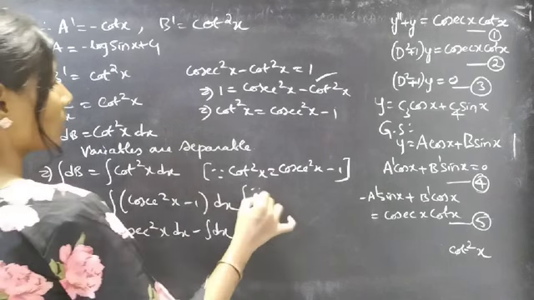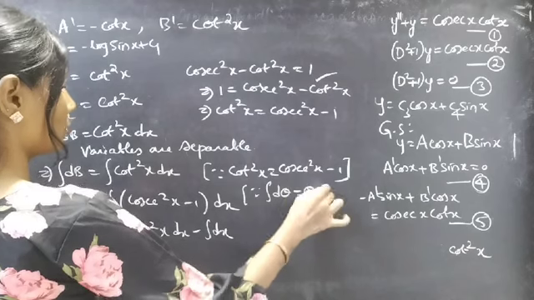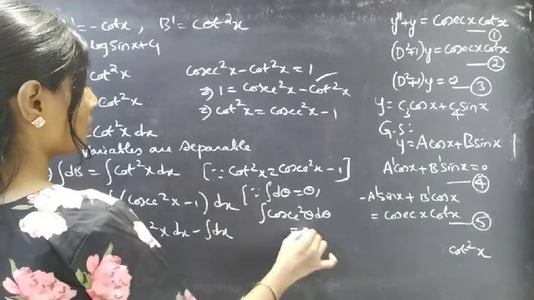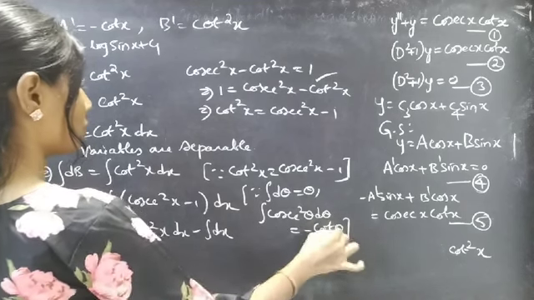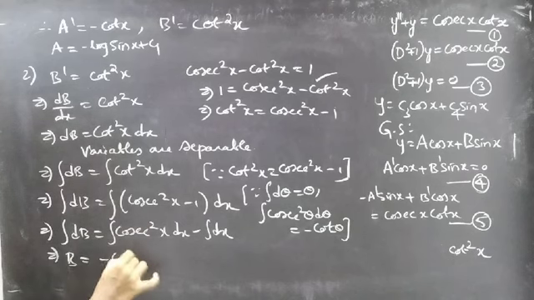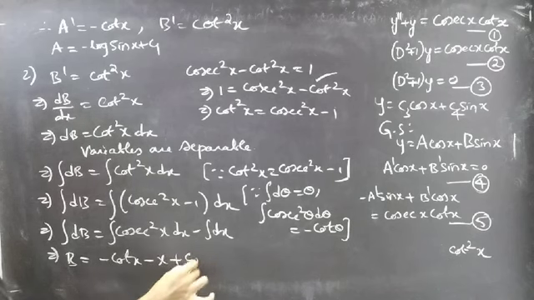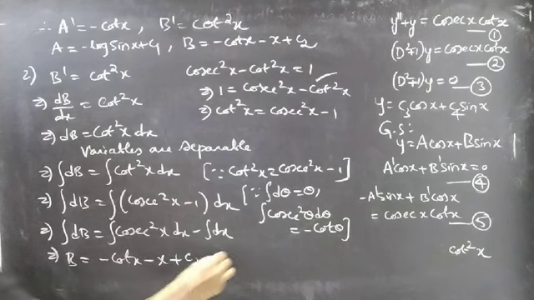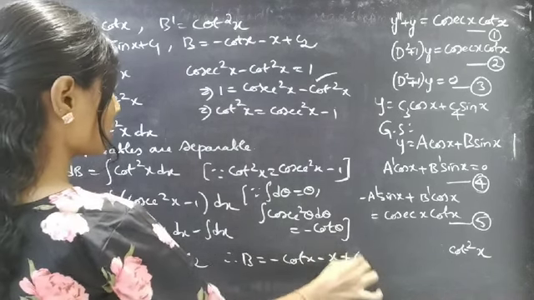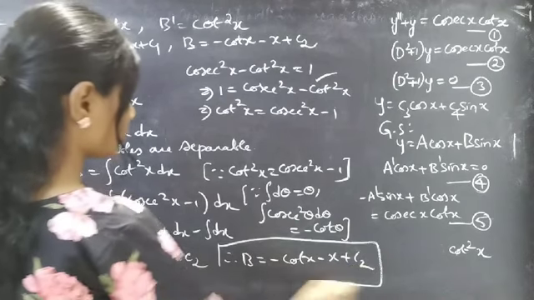Since we know that integral d theta equals theta and integral cosecant square theta equals minus cot theta, we'll get integral db, b, equal to minus cot x minus x plus an integral constant, say c2. So b equals minus cot x minus x plus c2.